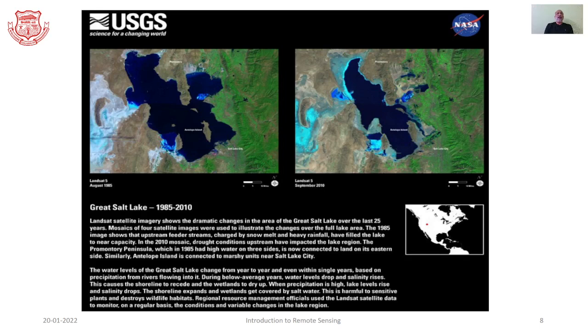Let's try to understand some case studies to know how the technique is employed. This image is of the Great Salt Lake, obtained by Landsat in 1985. It is depicting certain features. One dominant is its footprint.